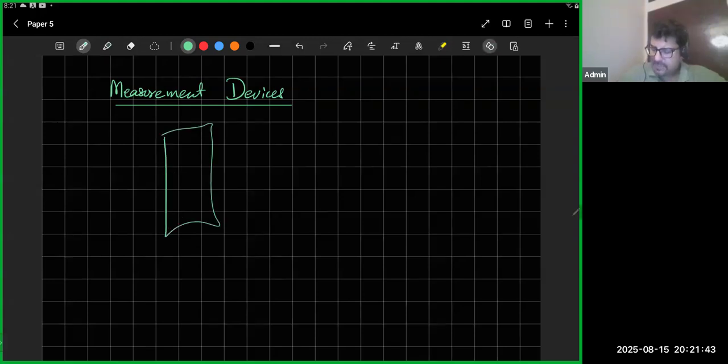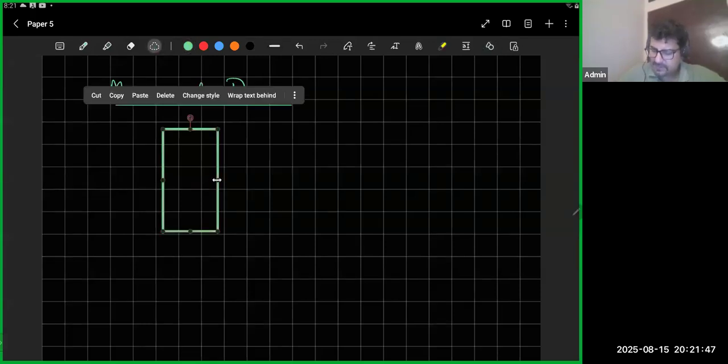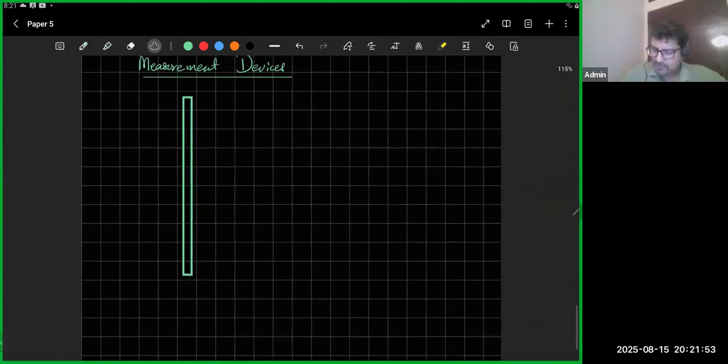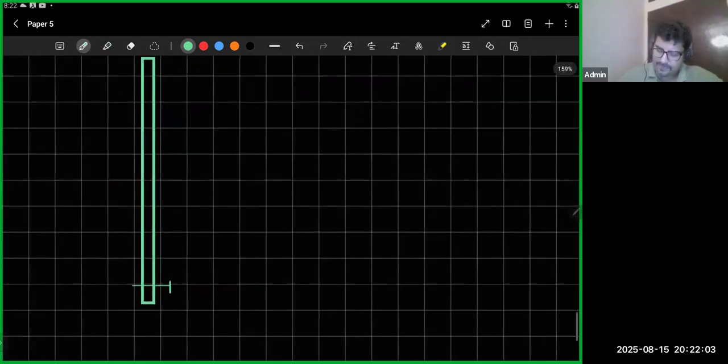So burette, उसकी क्या शक्ल होती है? A burette is a long, thin, cylindrical device with many graduations. ठीक है, there's a tap at the bottom, and उसकी एक particular capacity होती है, and that capacity could vary as well.